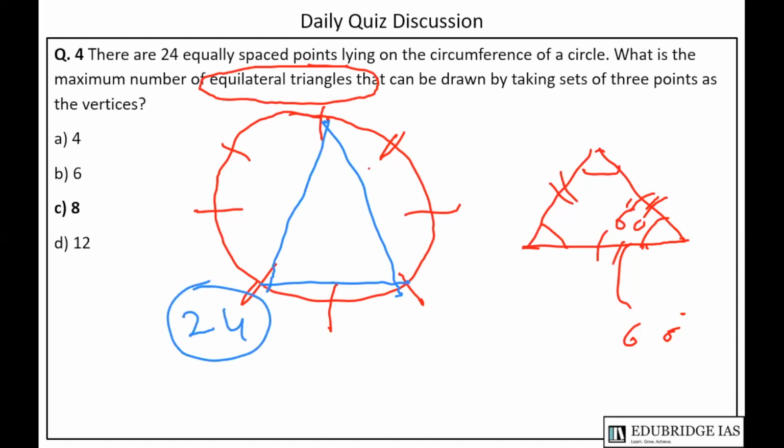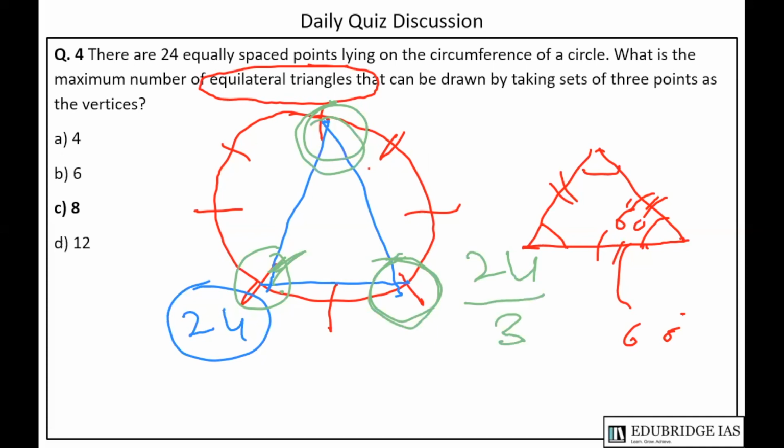But as we discussed in the last question, if we consider this point and this point and this point, the triangle made from this point will be similar to the triangle made from that point. So how many such groups will be formed? Total 8, because we have to divide it by 3. So 8 will be our answer in this case.